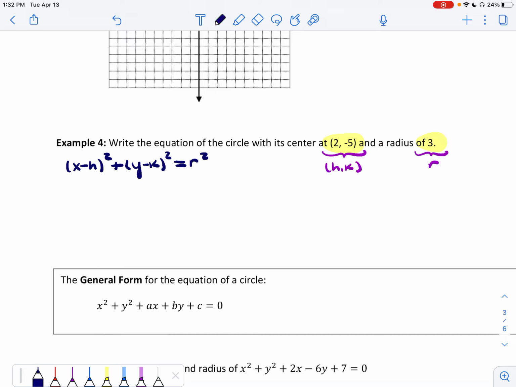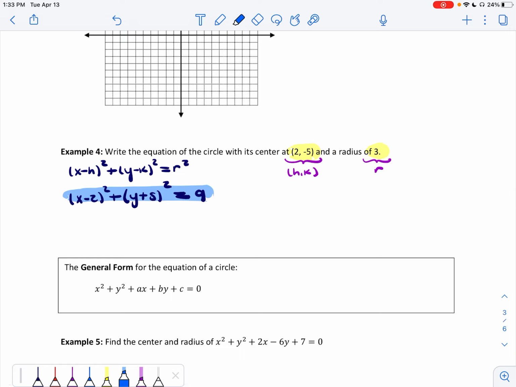Since h is positive, it's still going to be a minus, so (x minus 2) squared. And since our k is negative, it'll be (y plus 5) squared. And then 3 squared is equal to 9. So that is our final answer.